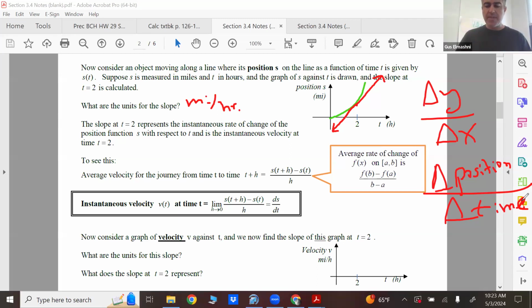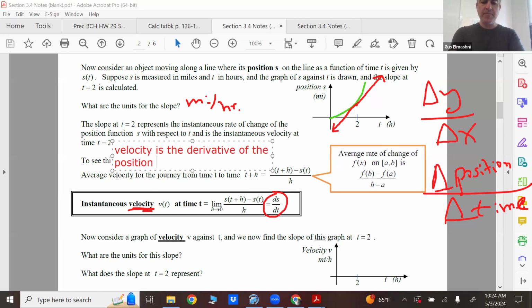Now the average velocity, of course, we know that. We know what to do with that. Average rate of change, we know what that is. But I'm more interested in this. And that right there is velocity. So velocity is a derivative. So let me write this as a text box. Velocity is the derivative of the position function with respect to time.